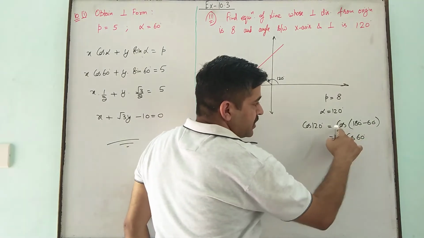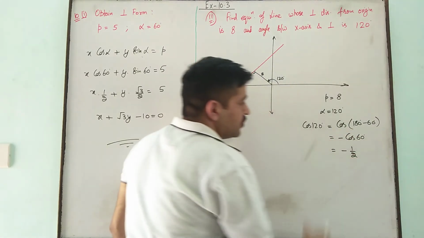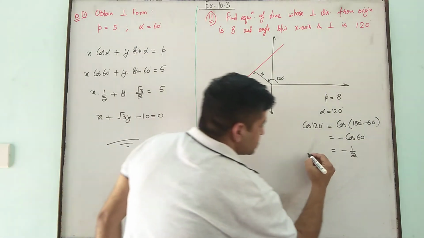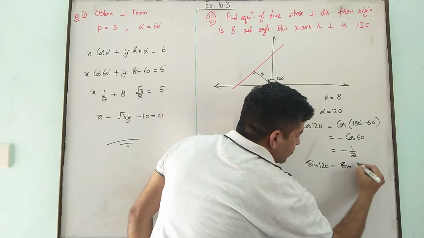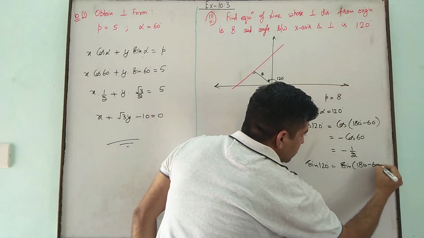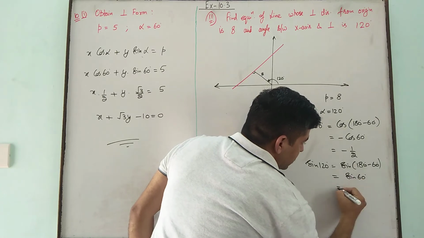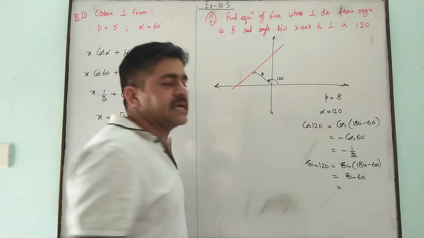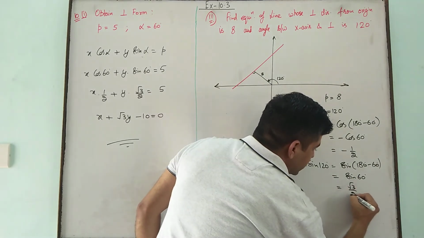In second quadrant your cos is negative, so it is minus 1 by 2. Find sin 120, that is sin 180 minus 60, sin 60, and 180 minus theta, second quadrant sin is positive, so value is root 3 by 2.